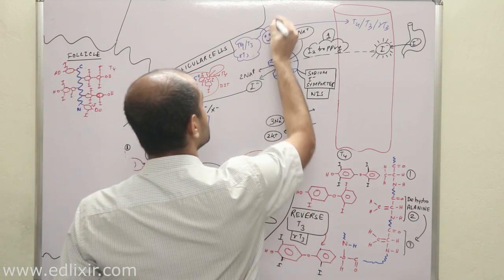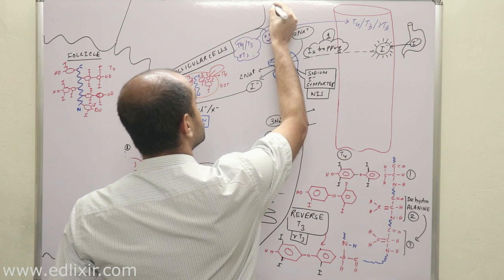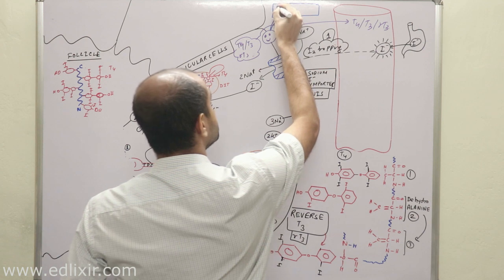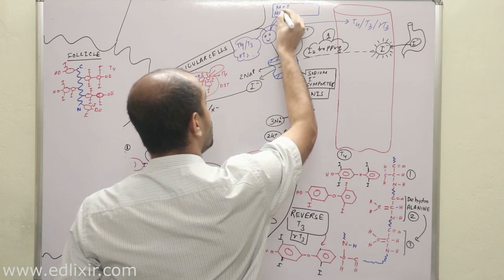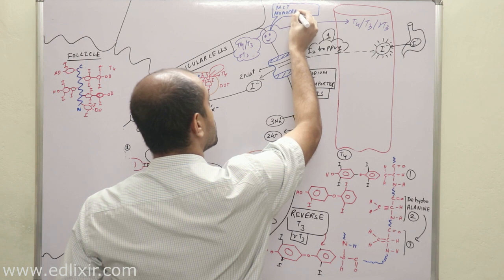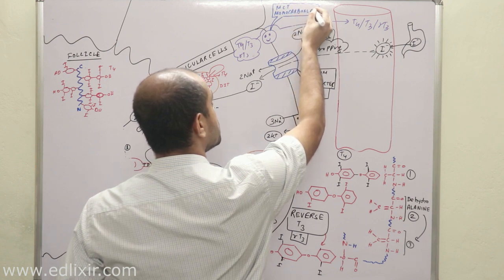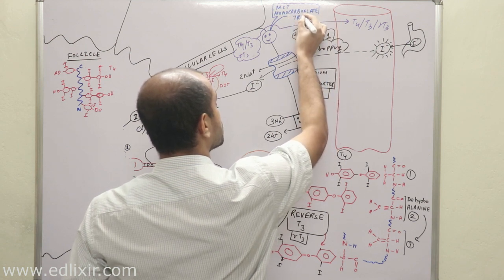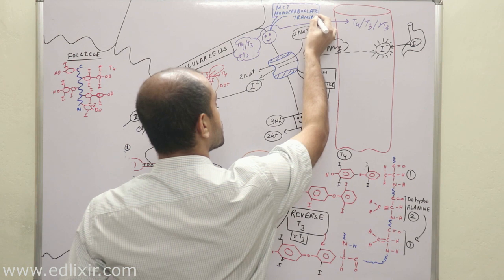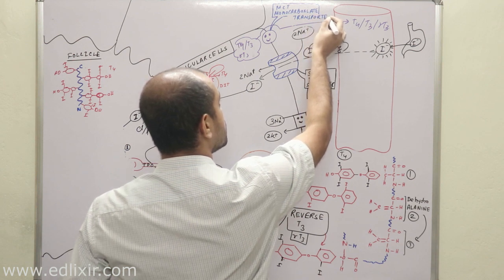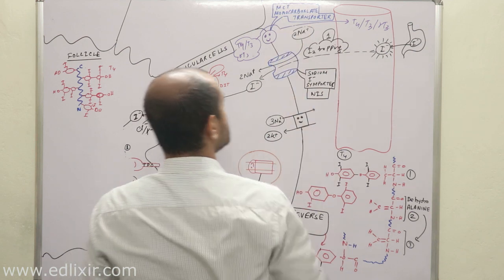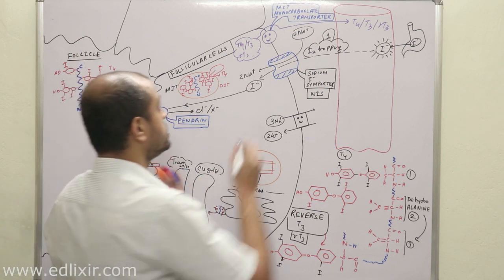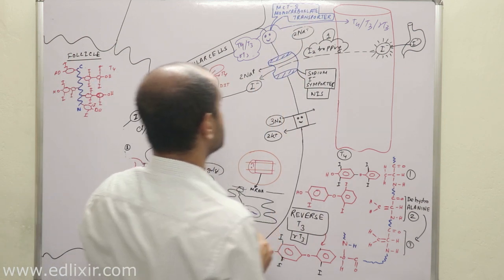Now a very important point you need to understand is that this transporter protein is called MCT, or monocarboxylate transporter. Monocarboxylate transporter. Okay, MCT8, monocarboxylate transporter protein number 8.